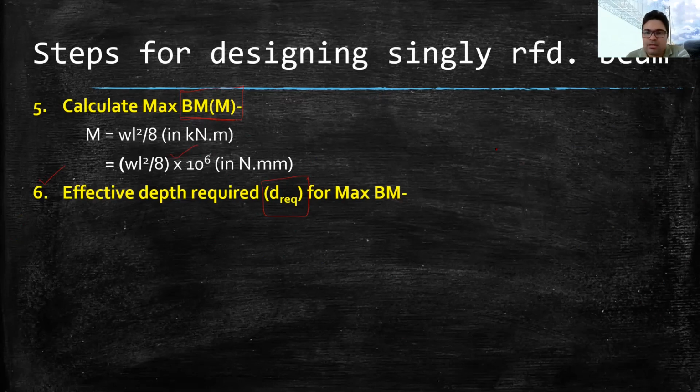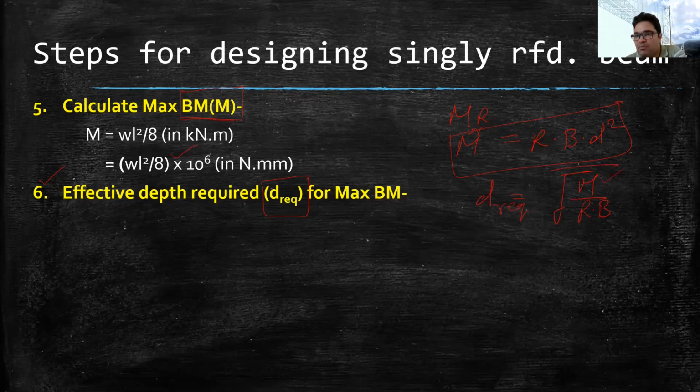I have explained this in lecture 8, that moment of resistance or maximum bending moment can be written as RB into D square. This is the formula that we generally use in case of balanced section. So using this formula, if I write D as under root M by RB, we can find out D required.